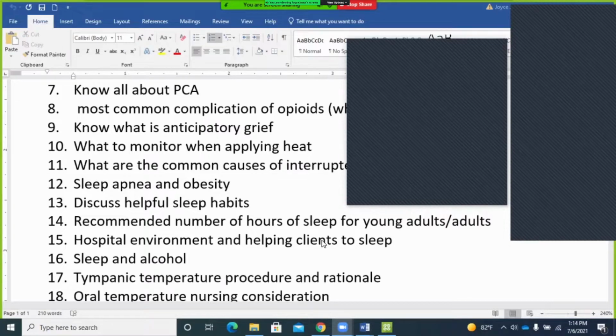Sleep and alcohol. I already answered this, no? Do you have any question with alcohol? No question about sleep and alcohol, but all I understand from your statement last time is that you don't take alcohol to sleep because it will make you go to the bathroom to pee, and it will disrupt your sleep.